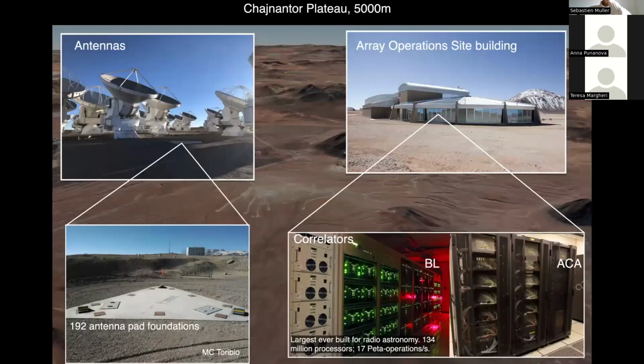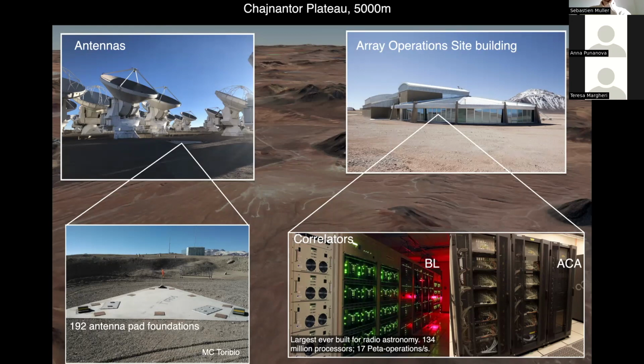Here you see a Google view of the Chajnantor Plateau at 5,000 meters. This is the place where the antennas are located. There are the antenna pads that you see there, and the antennas are sitting on those pads. Also at this location we have the Array Operations Site building, which contains the ALMA correlator.